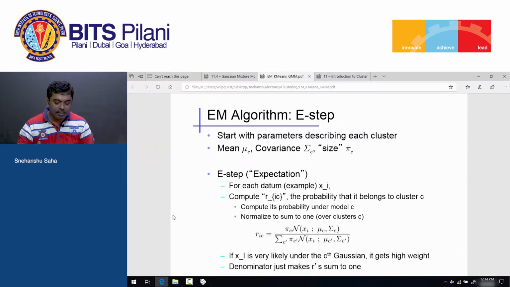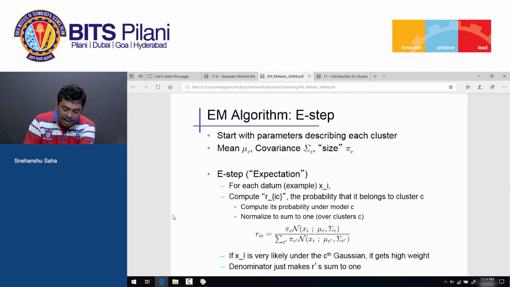Therefore, for each data example we compute a responsibility index, and that responsibility index is nothing but the relative belongingness of one particular data point to a Gaussian model. It is computed in the following fashion. You have the normal density function, which is represented by the data point itself and the parameters mu and the covariances.